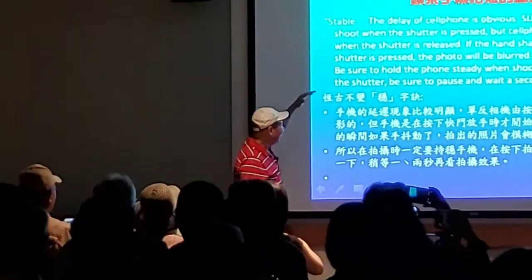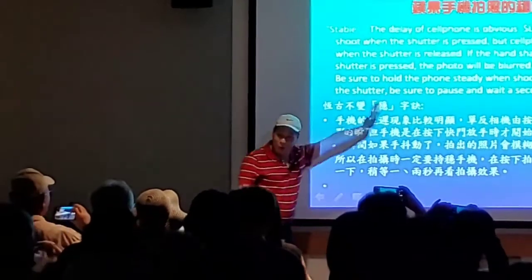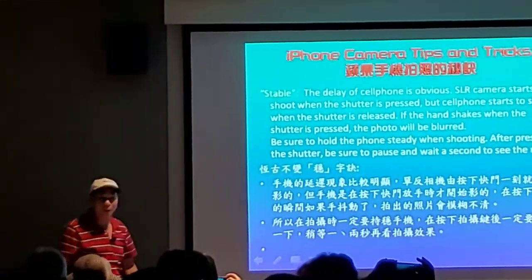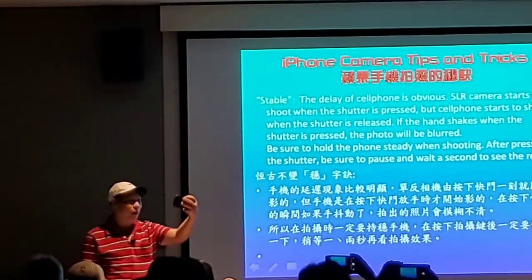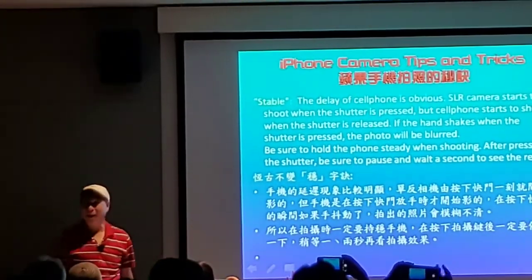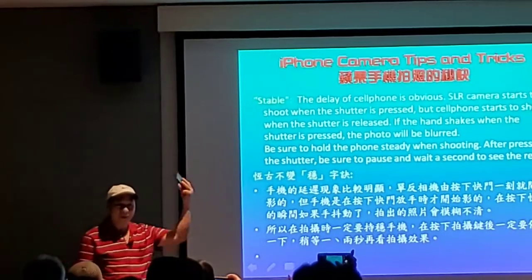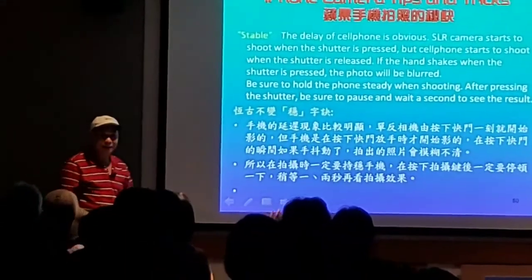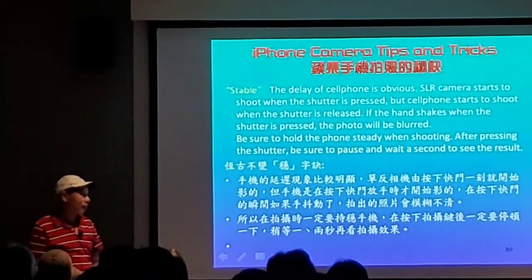Okay, now let's go to staying stable. When you take a picture with your iPhone, a lot of people bring it up, shoot, bring it down. That sometimes causes the picture to be blurry. There are several reasons for that.